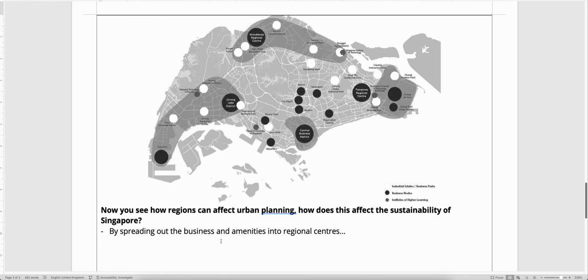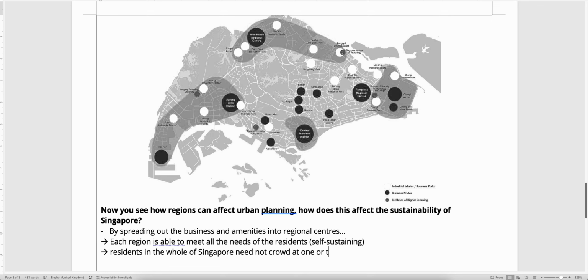So what's the point of doing this? The main idea is to ensure that each region is able to meet all the needs of the residents, or what we call self-sustaining, so that residents in the whole of Singapore need not crowd at 1 or 2 locations, for example the CBD or Jurong Industrial Estate, for jobs and services.